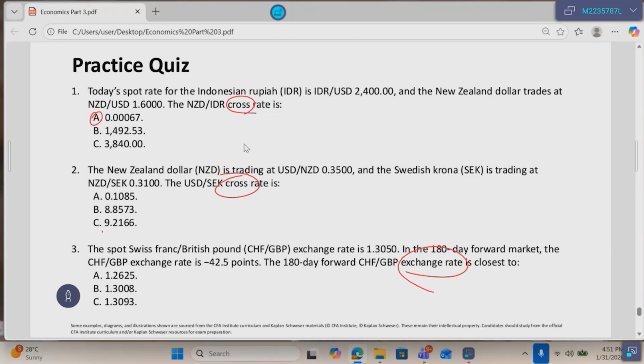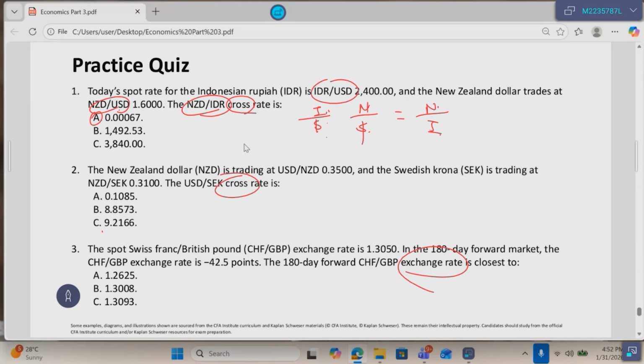Now, let's quickly pick up. You're given IDR per dollar, right? So I per dollar. And you're given New Zealand per dollar. So see what you've been given. And what they asked you is New Zealand per I, right? So you want this answer. How do you get this answer? N per dollar is given, I per dollar is given, but I want I down, right? So you could do one thing.